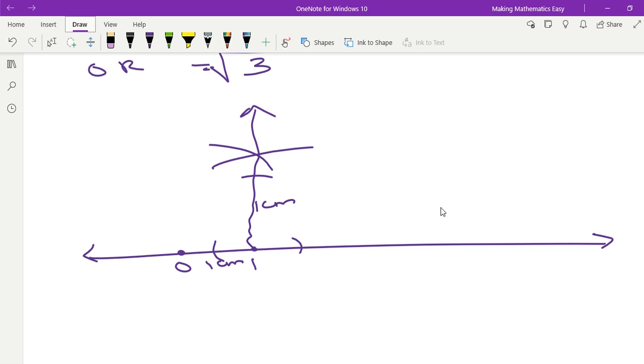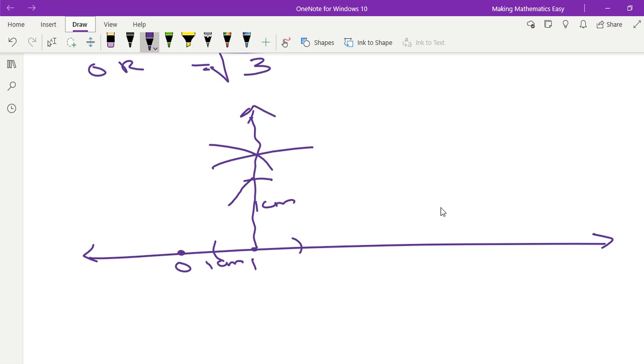Sorry, you have taken 1 centimeter, kept the pointer over here and made an arc over here.